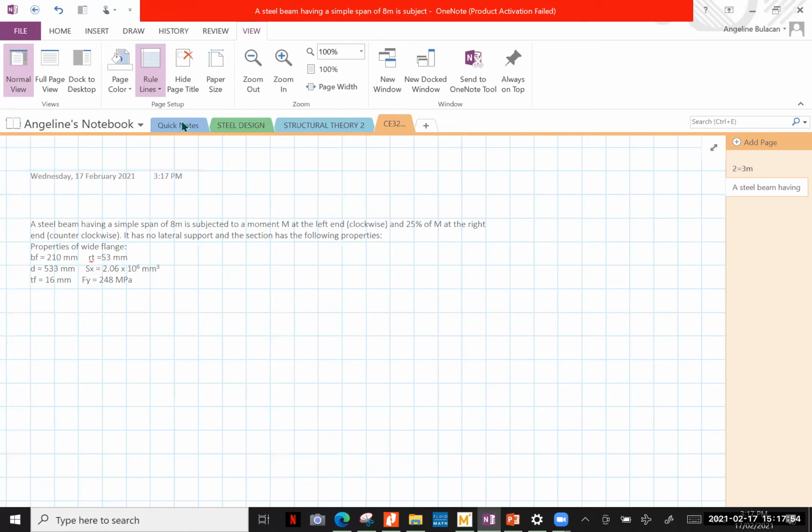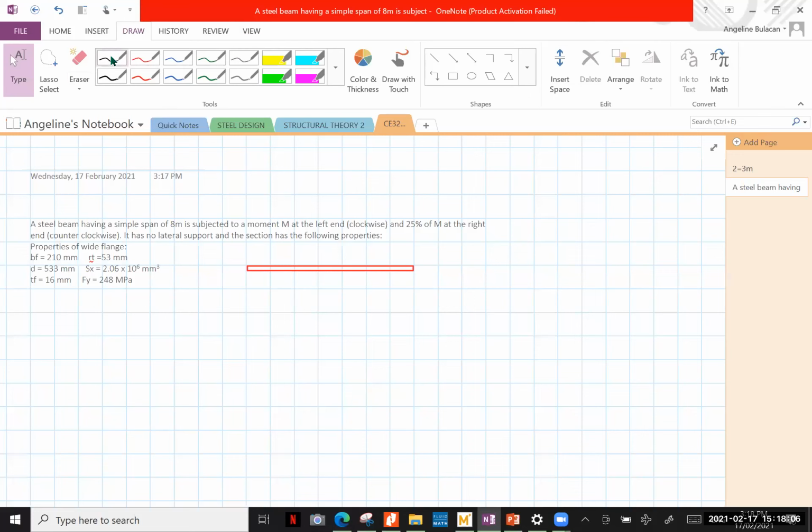So, first step, drawing nyo muna yung beam. Kung anong itsura niya. So, ganito daw. Ito yung beam. Tapos, meron siyang moment at the left end clockwise. So, ito clockwise siya.